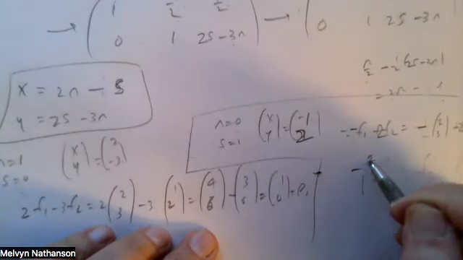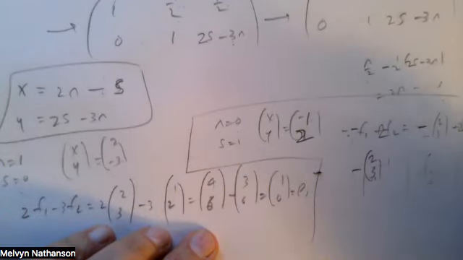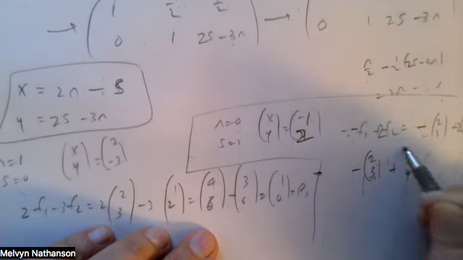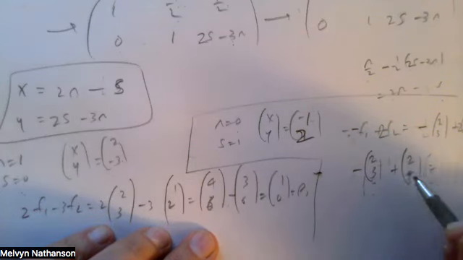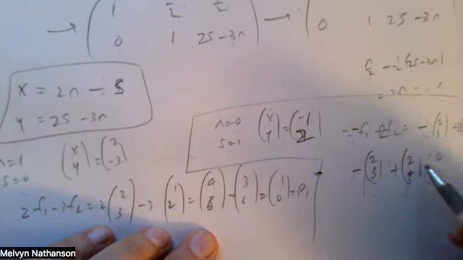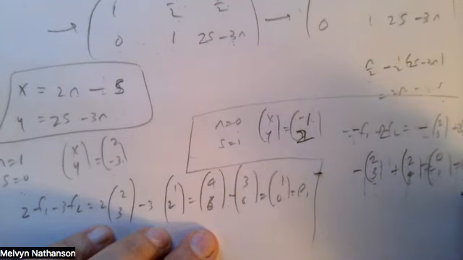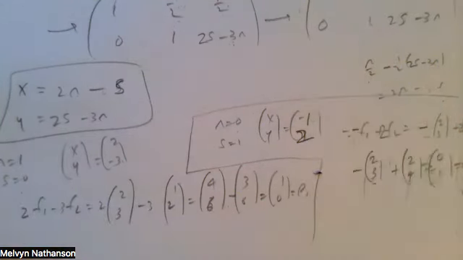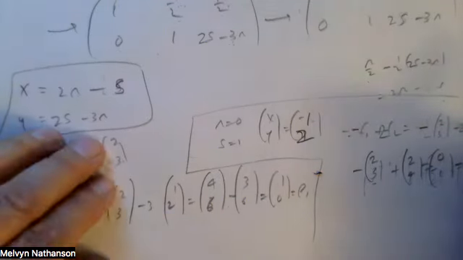This is minus 2, 3 plus 2, 4. And 2, 4 minus 2, 3 is 0, 1, which is E2, which is exactly right. So that's pretty good. Let me just write that down for future use.